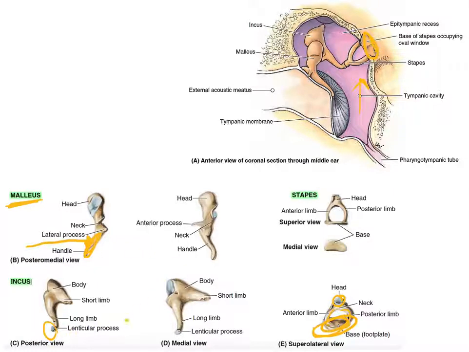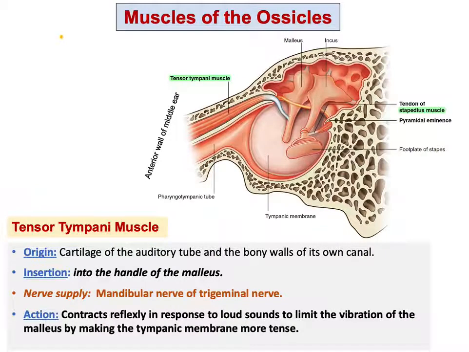And you have the stapes, which has a head and neck. Take care with the neck, because a small muscle, the stapedius, is attached to it. This is what I want. So I will start with the first muscle, which is the tensor tympani muscle.